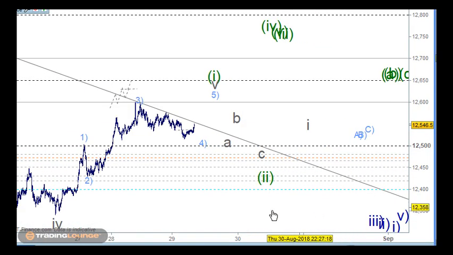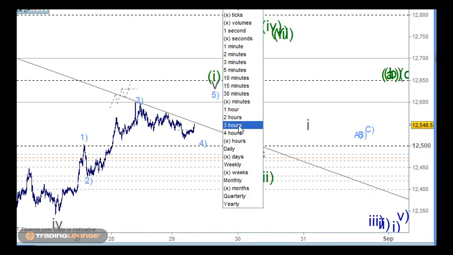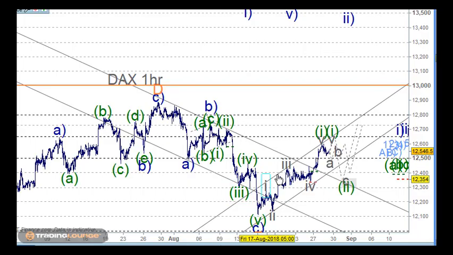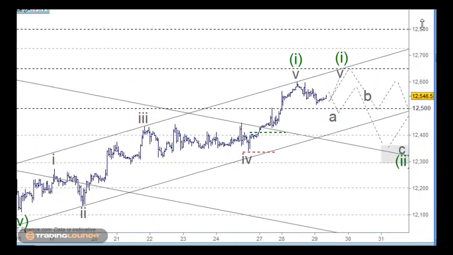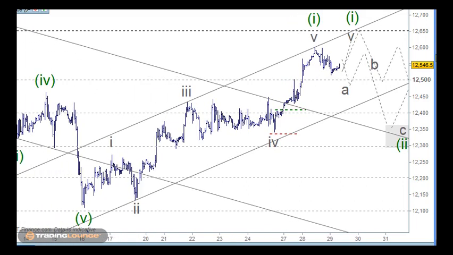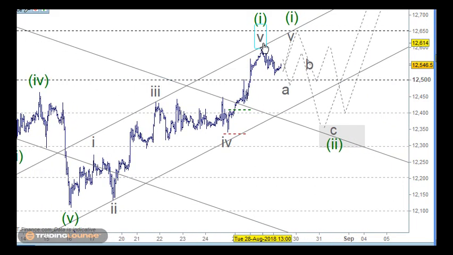And even if I go back to this 1 hour chart here, and let's just say that the top is in play here as wave 1 here, we would still need to see a decent correction to come back here. So be very careful about what you got up here.